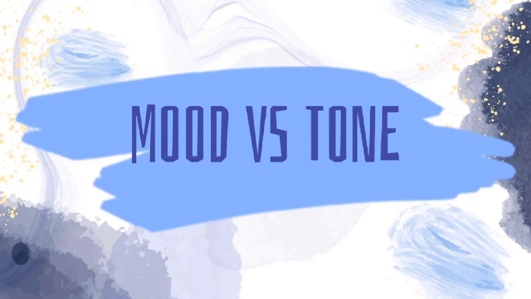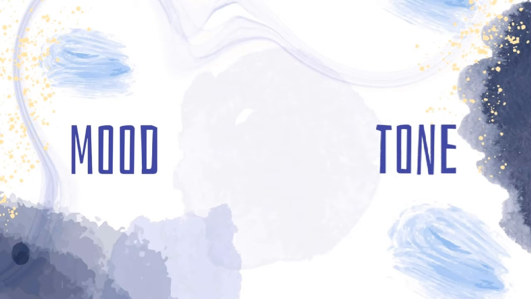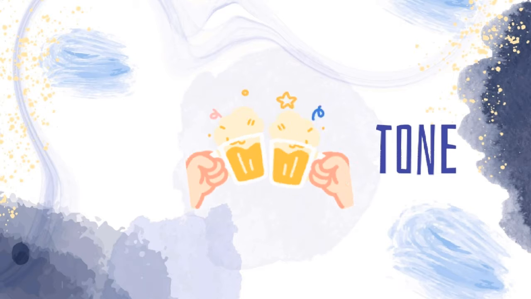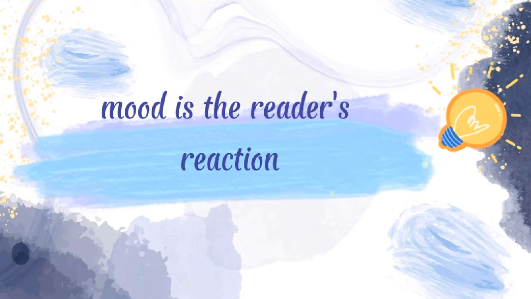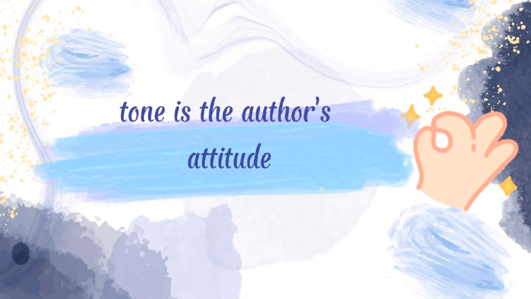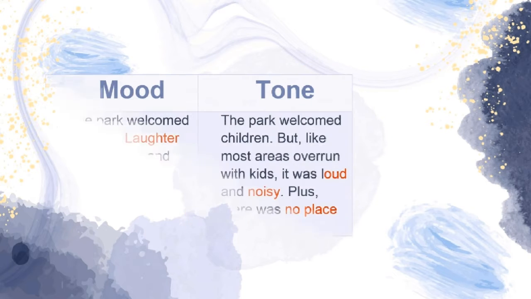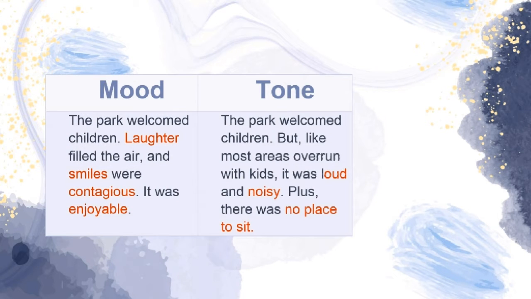Mood versus tone. Mood and tone, they're linked together. Mood is the reader's reaction when reading the text, while tone is the author's attitude. Is it correct? Yeah, it is. Good job, Kiki. The keywords are shown in the red color.